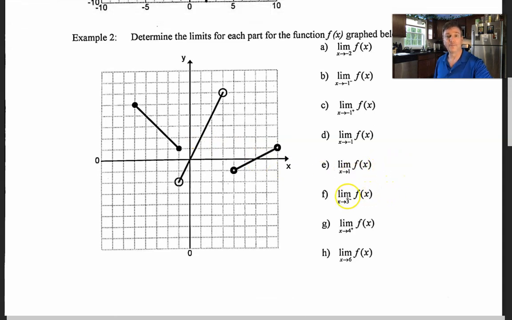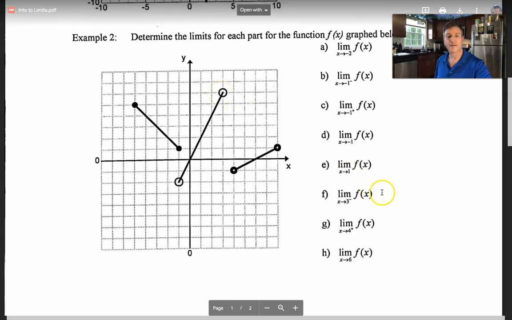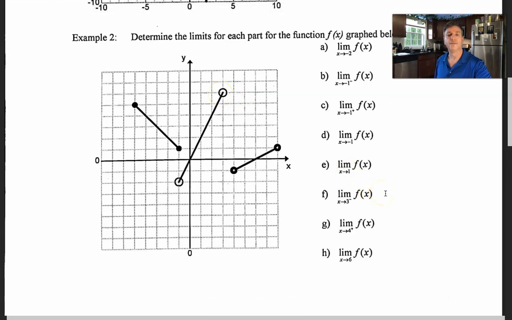Part F, we're approaching 3. x approaches 3 from the left. It's a one-sided limit. As x approaches 3 from the left, we get 1, 2, 3, 4, 5, 6. Looks to me like we are approaching 6 for the limit as we approach 3 from the left.